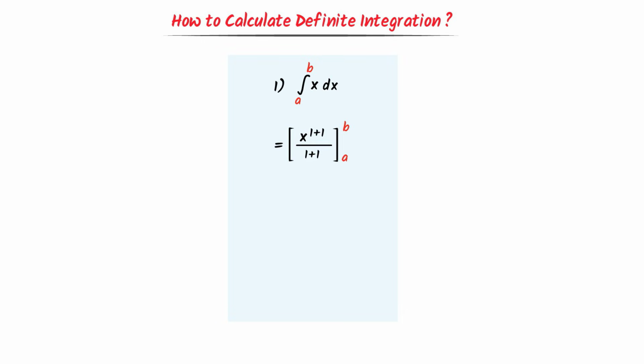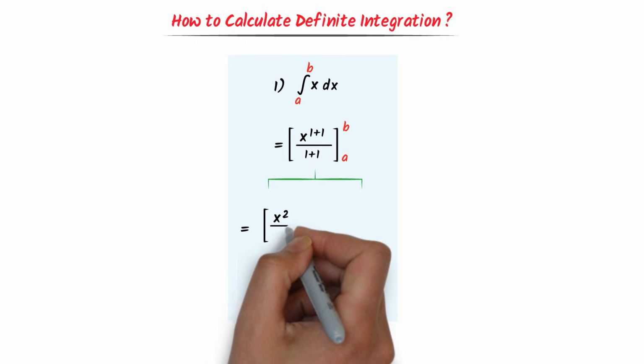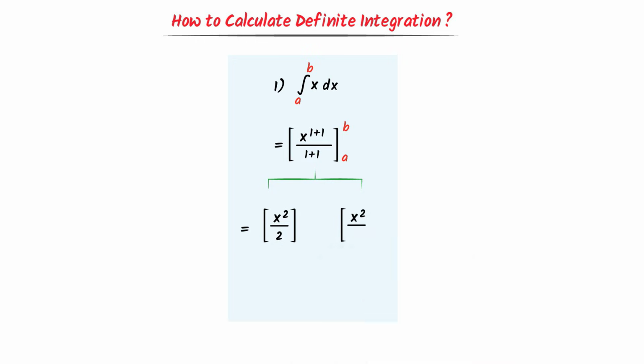Remember that in case of definite integration, we do not write c. At last, I write the integration of x 2 times, x squared upon 2 and x squared upon 2. I put a minus sign in between. Remember that I put the upper limit on the first term and I put the lower limit on the second term.